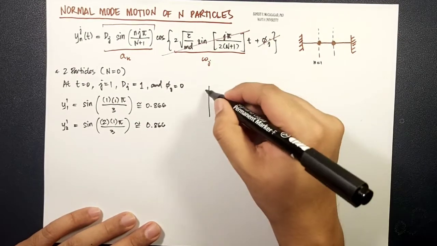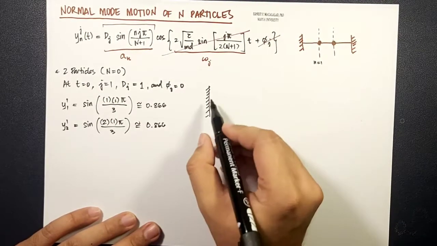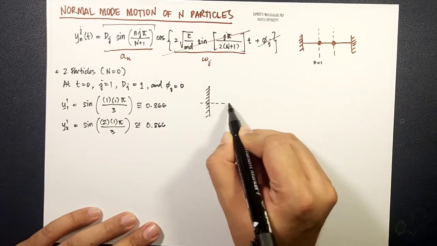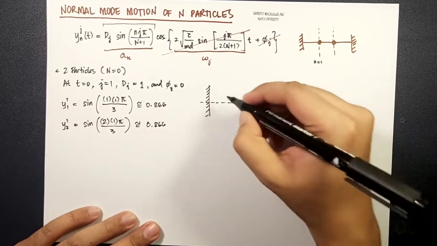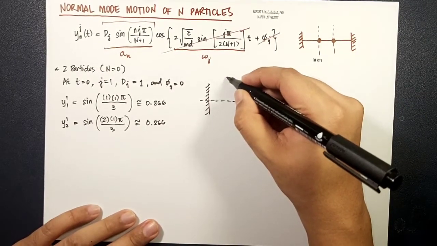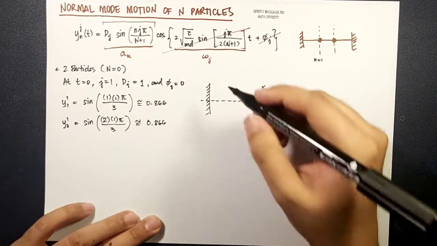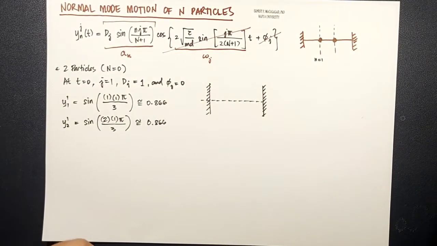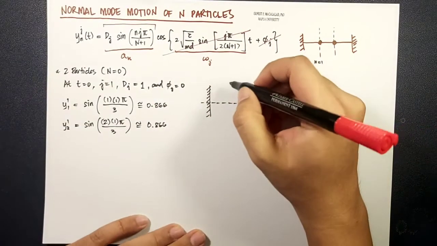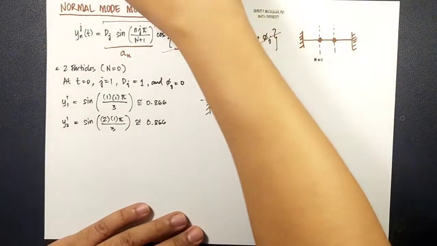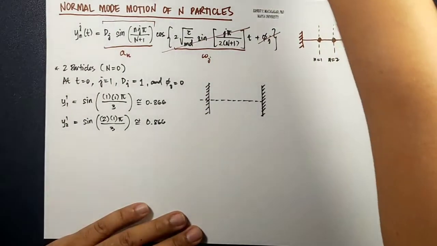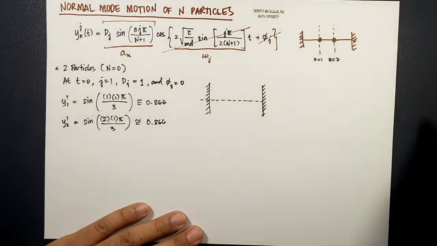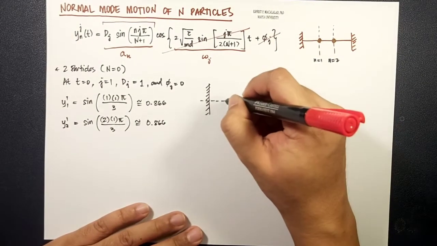Let's say this is your equilibrium position, and this is the position of n equal to 1. By the way, this is the position of n equal to 2. So this is your loaded string, a loaded string composed of 2 particles.